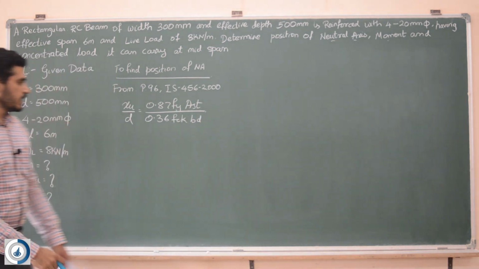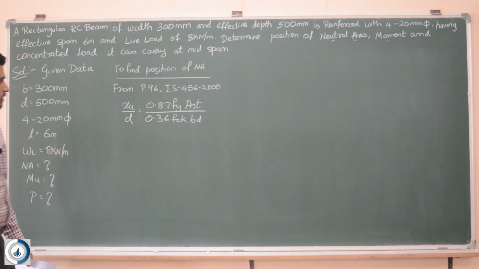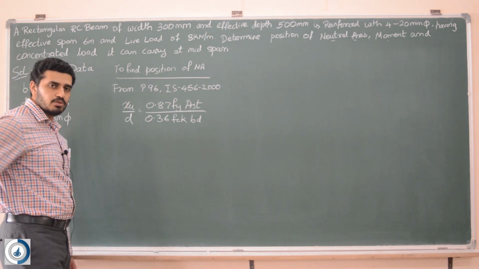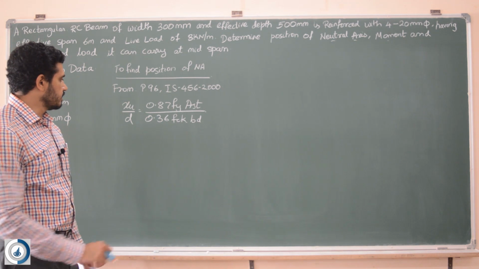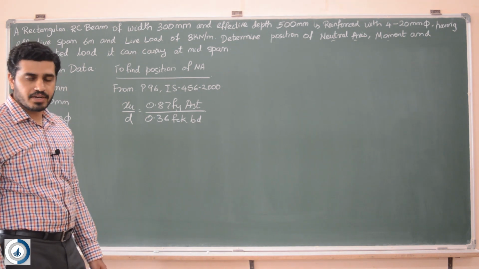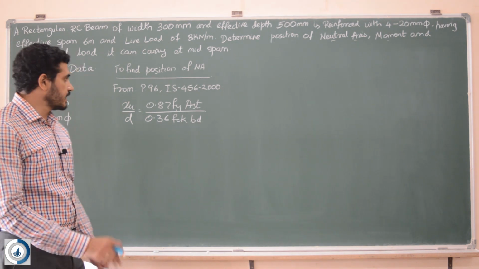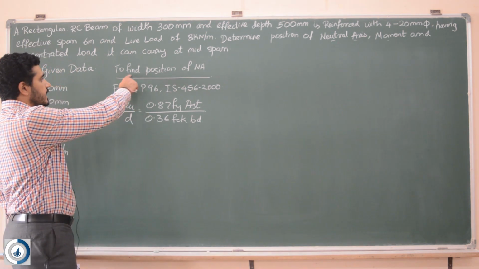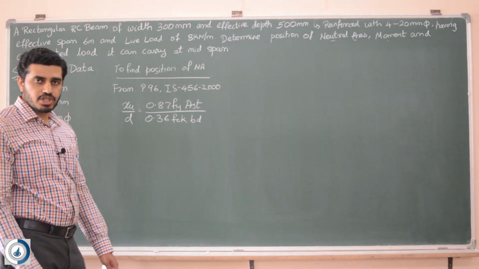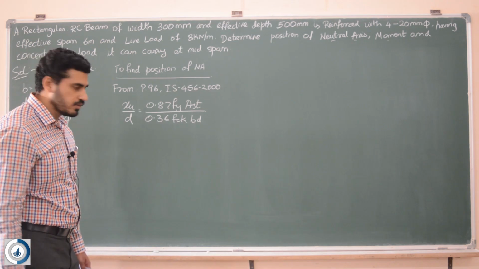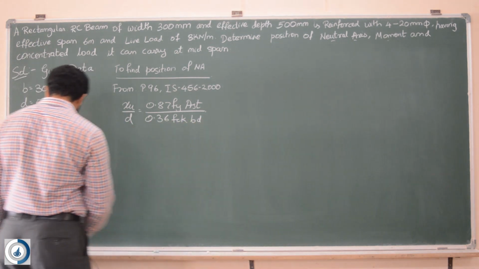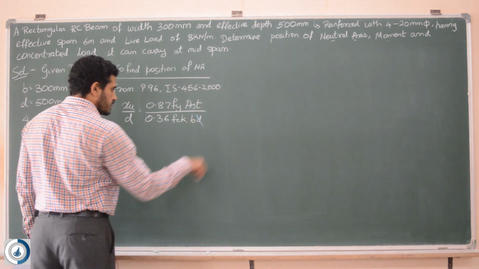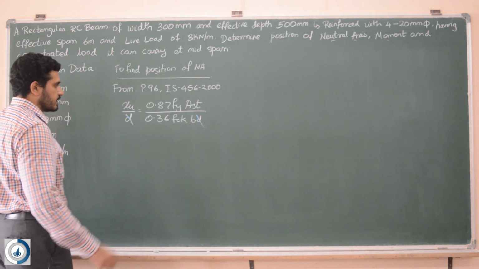In my previous analysis problems, we were finding the XU by D value, then comparing it with the XU max by D value, and commenting whether the section is over reinforced or under reinforced. But now in this problem they have specifically asked to find the position of neutral axis. So this D and this D will get cancelled, and only XU remains.